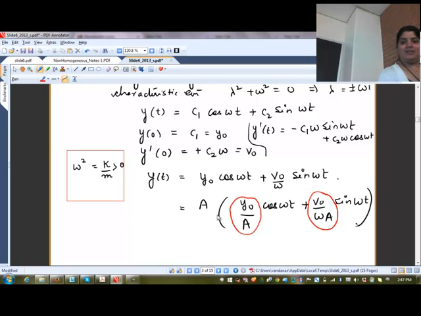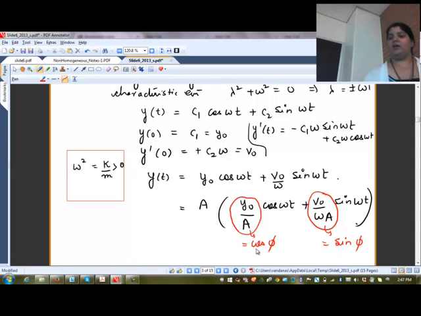So in this, if I want the eventual expression in sine, then I will assume this to be sine of something and this to be cosine of something. But if I want the final expression in cosine, then I will assume this to be cosine of some angle, I don't know which one, and this one as sine of that angle.